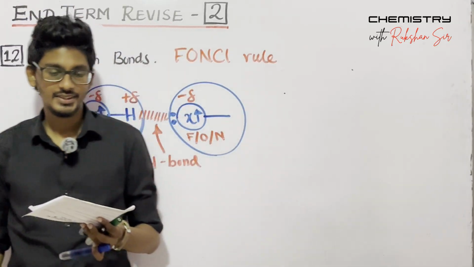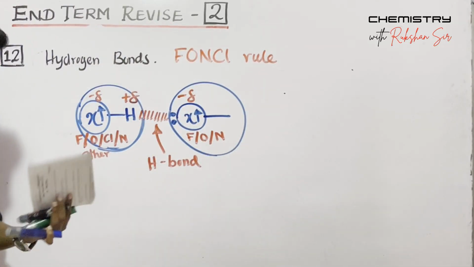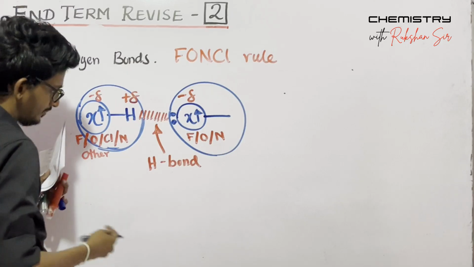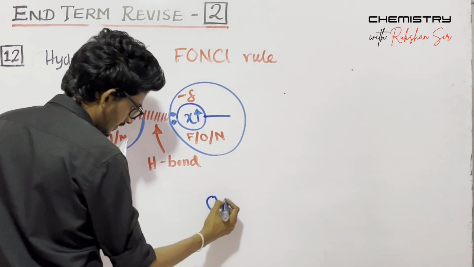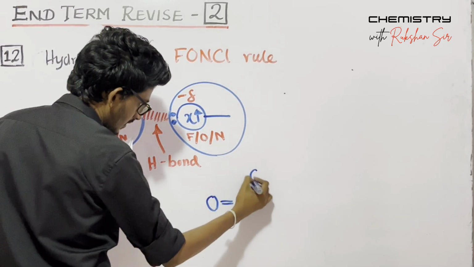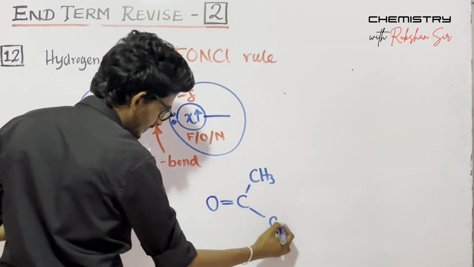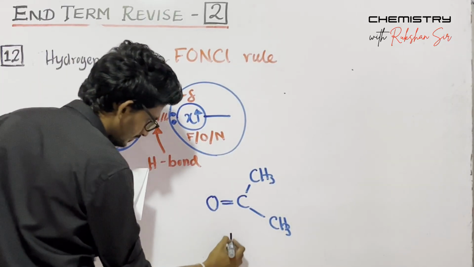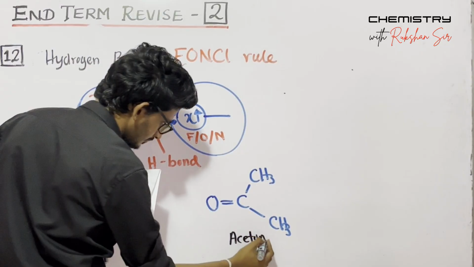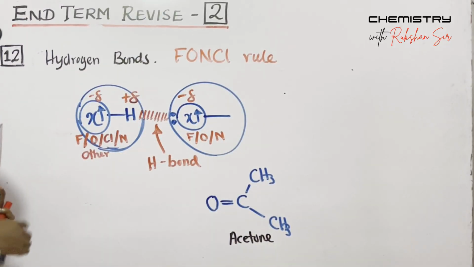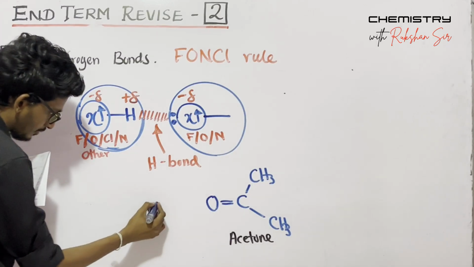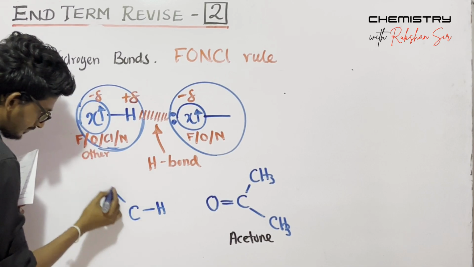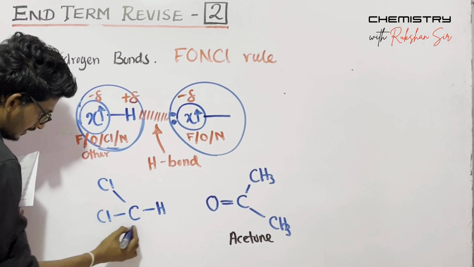Let's discuss chloroform and acetone here. If you think of acetone, it would appear like this. Then chloroform is this molecule, CHCl3.